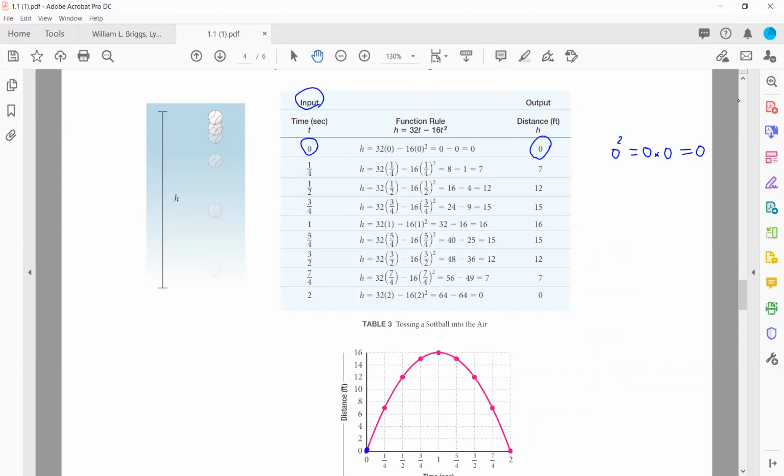Let us select another small number between 0 and 2, like a fourth.